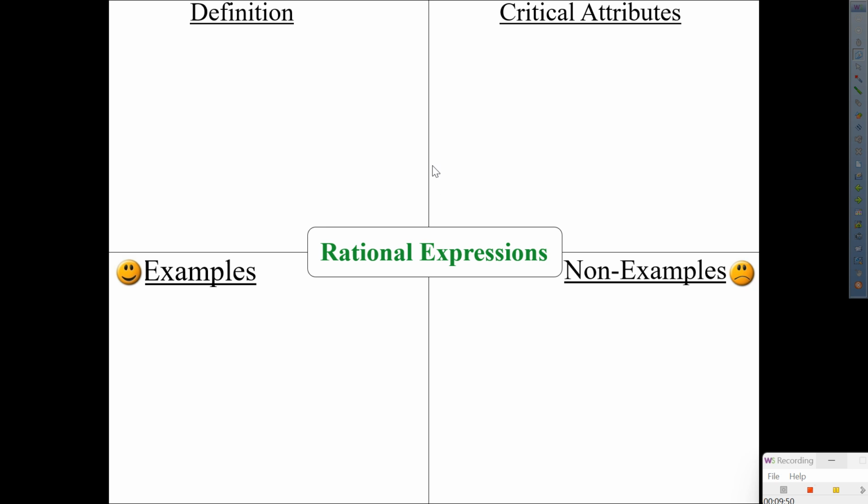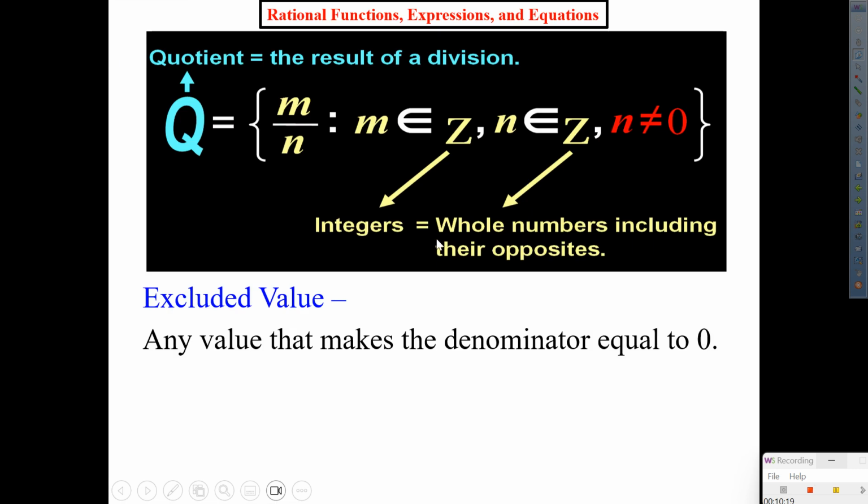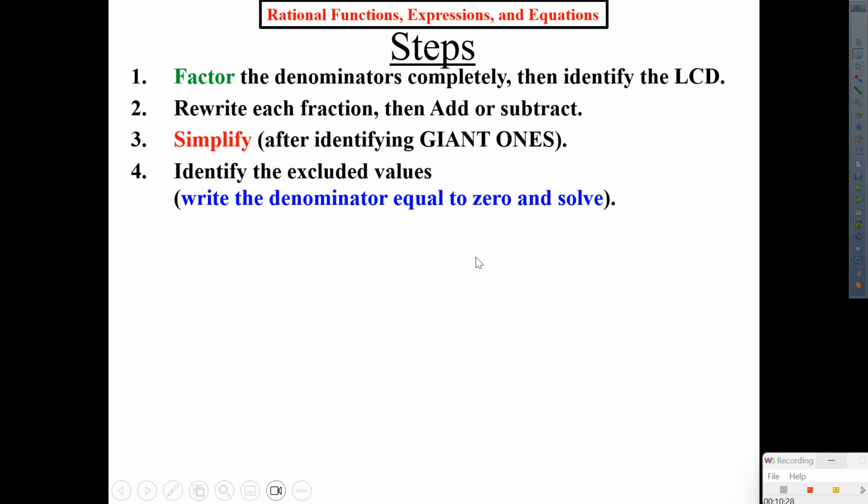All right. So, algebraic expressions, numerator, denominator, polynomials. We have that already. From there, I gave you guys an introduction to the definition for quotient or fractions, right, Anthony? All right, good. From there, you took notes on the steps to follow for addition. Is that correct? This is the same process for subtraction.